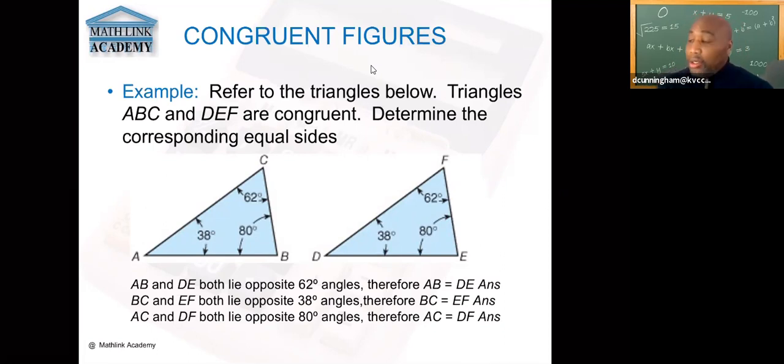Look on our figure here, opposite of 80 degrees. Here's 80 degrees. And we have the opposite AC and also side DF. Therefore, AC is equal to DF. Again, we're looking at congruent figures in this case.